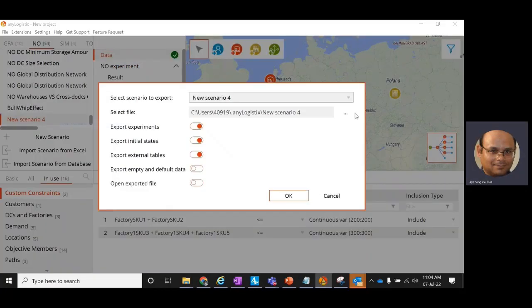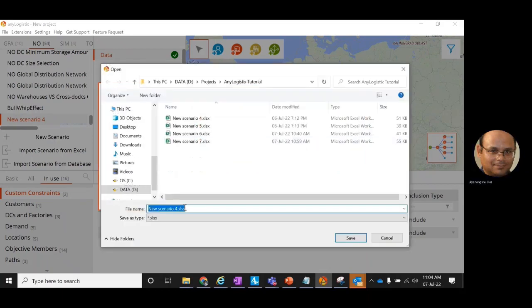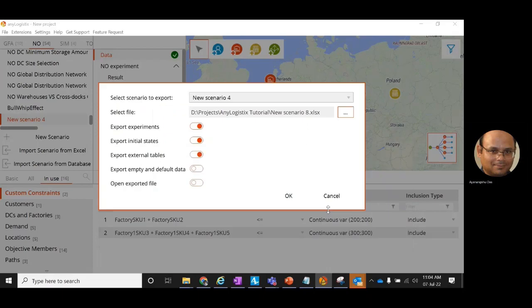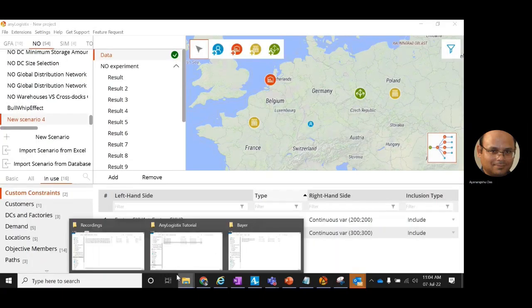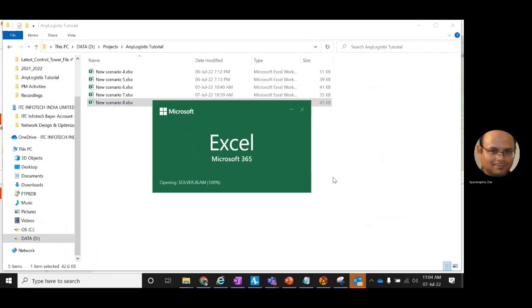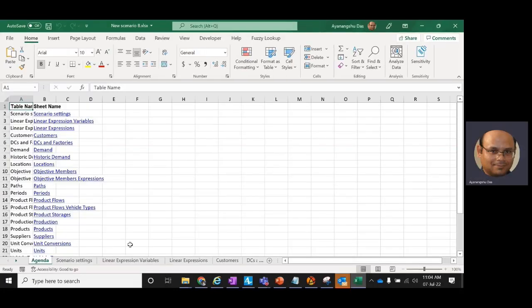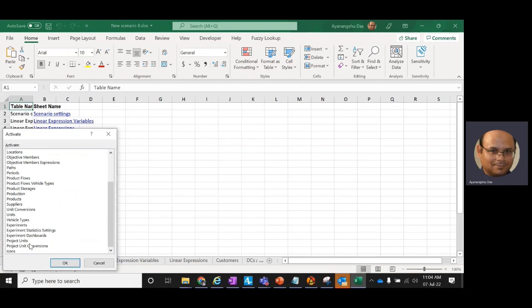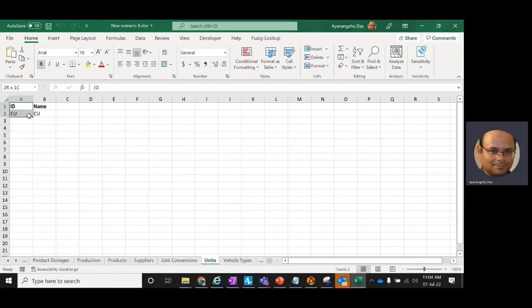So we will export it, and we will go to the units table first. And we see that we have defined the unit.